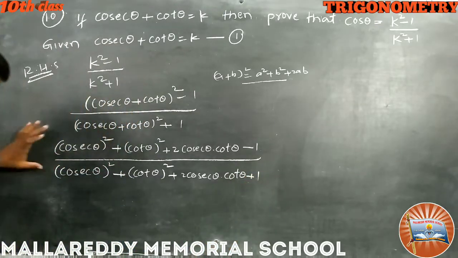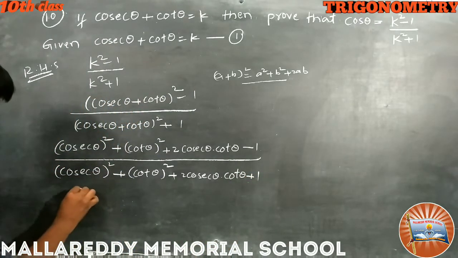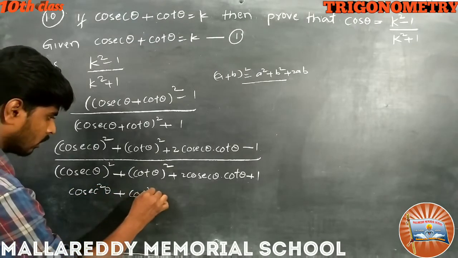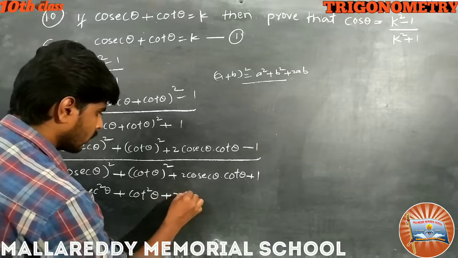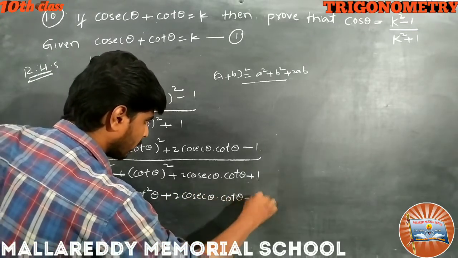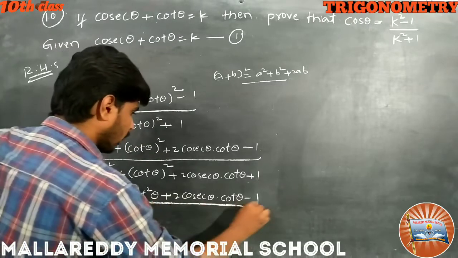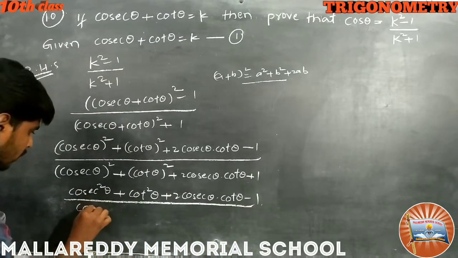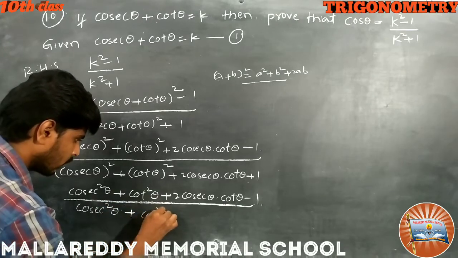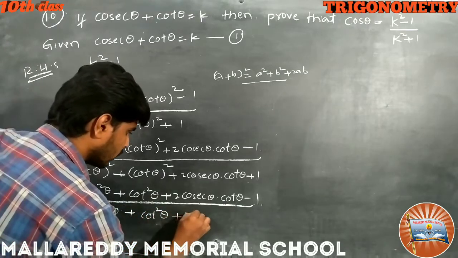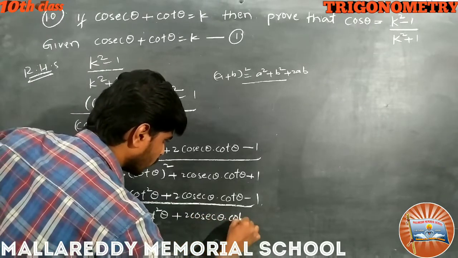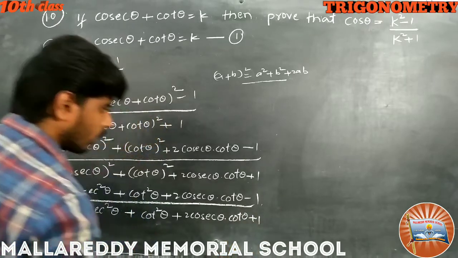This we can write as cosec square theta plus cot square theta plus 2 cosec theta cot theta minus 1, by cosec square theta plus cot square theta plus 2 cosec theta cot theta plus 1.